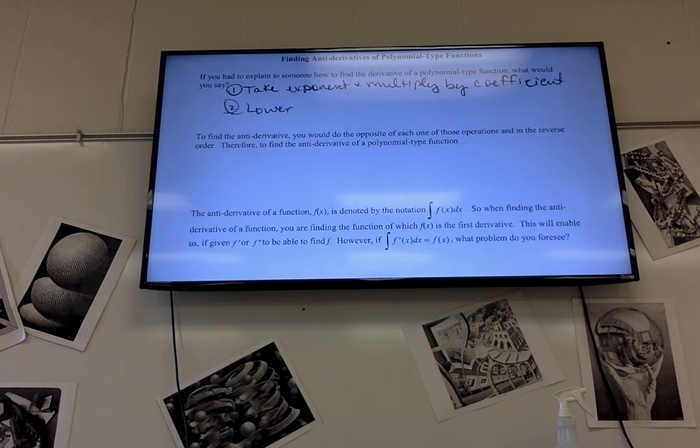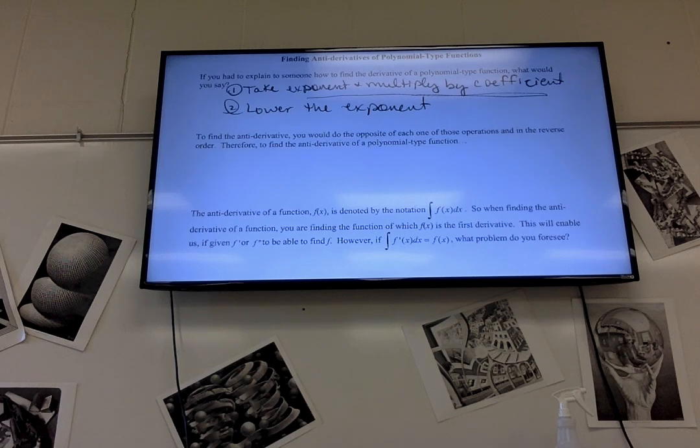So are we just going backwards? Yes. So we're going to multiply by 3. No, it's going to be the coefficient times the exponent, right? Lower exponent times coefficient is the same as coefficient times exponent. Commutative property.